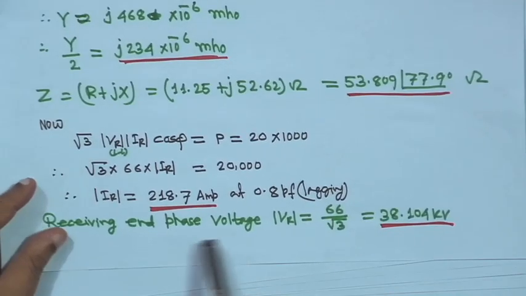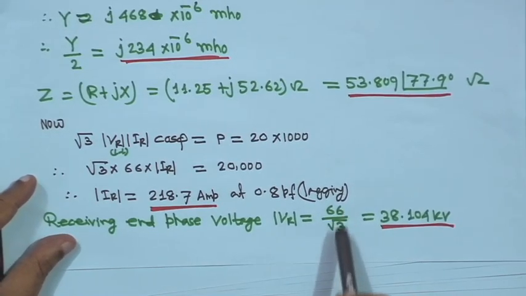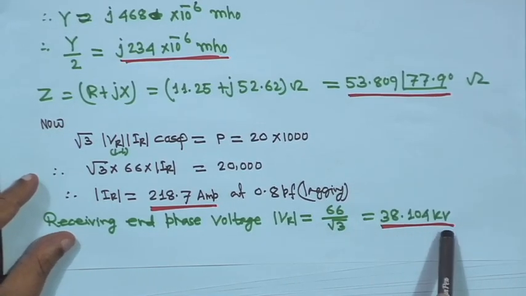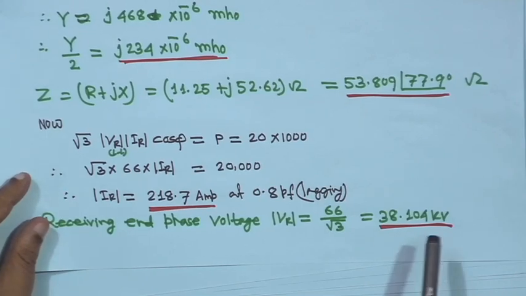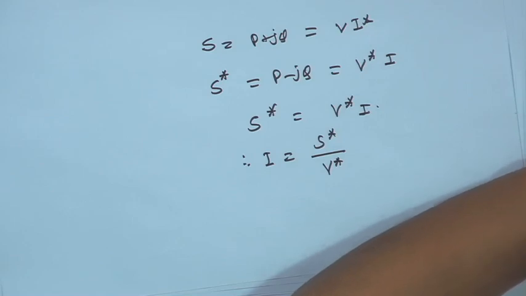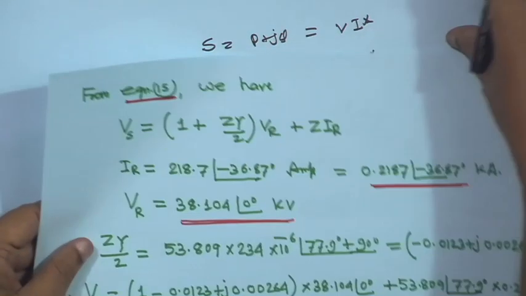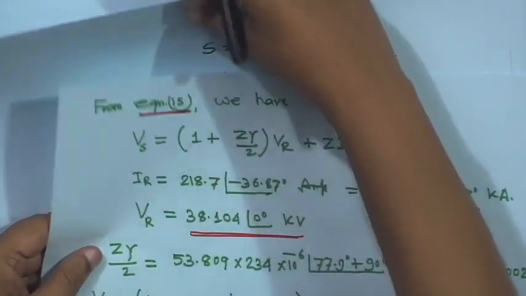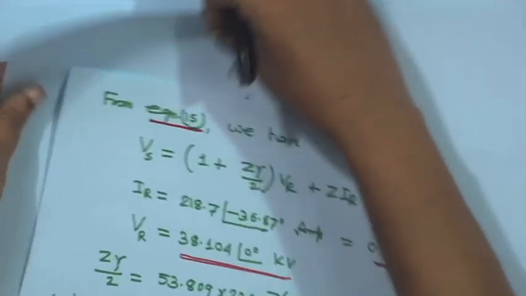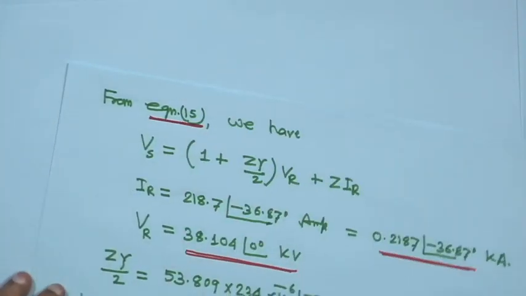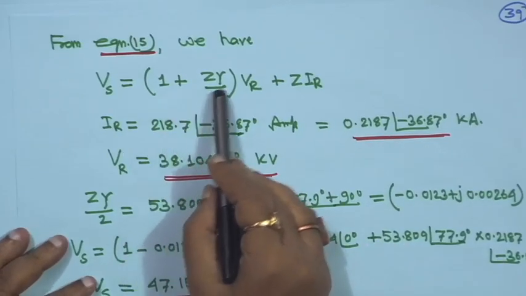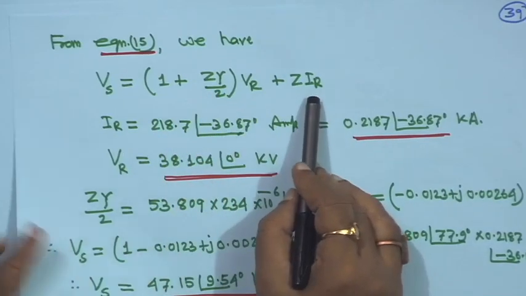So, receiving end voltage Vr will be per phase 66 by root 3, 38.104 kV. This is the receiving end voltage Vr. Therefore, from equation 15, you know that Vs is equal to 1 plus ZY upon 2 times Vr plus Z IR.